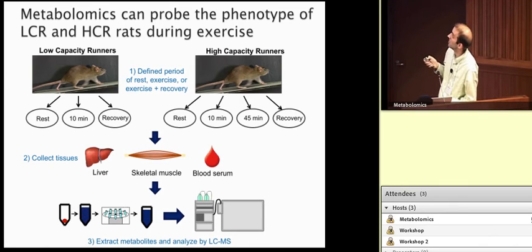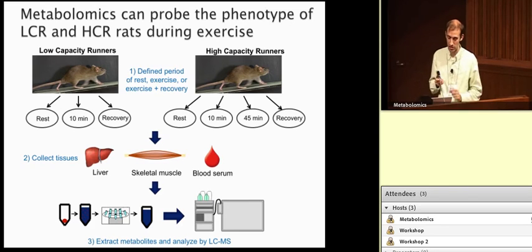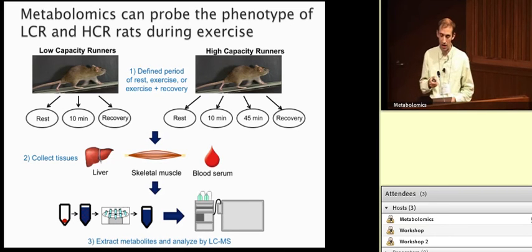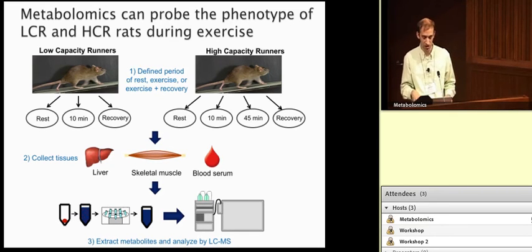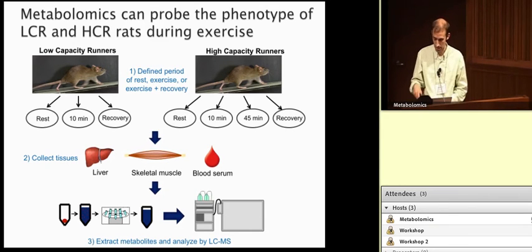This is close to the exhaustion time of the low capacity running rats. Then we did the same thing with the high capacity runners. Same time points, but we added 45 minutes, which is close to their exhaustion time point on our standard running protocol. And then we collected their tissues, the liver, skeletal muscle, their blood, and we ran targeted metabolomics. This is using the same protocol as I already described in my previous talk.